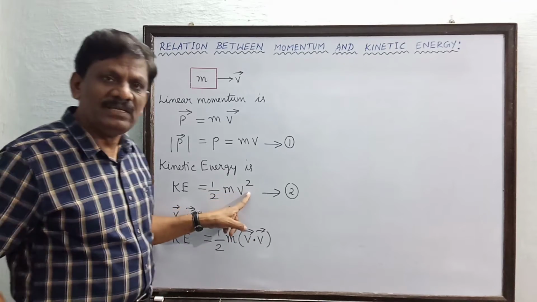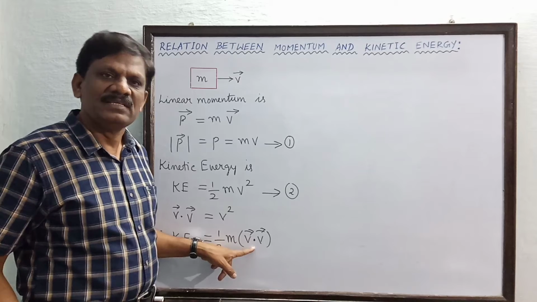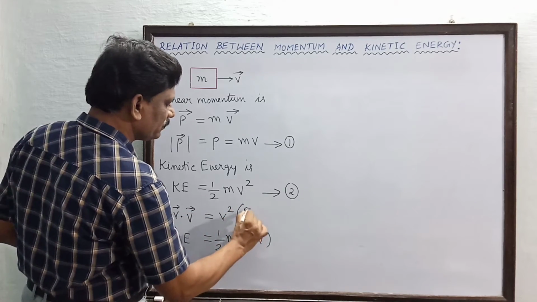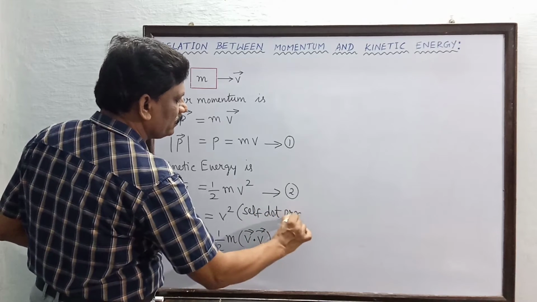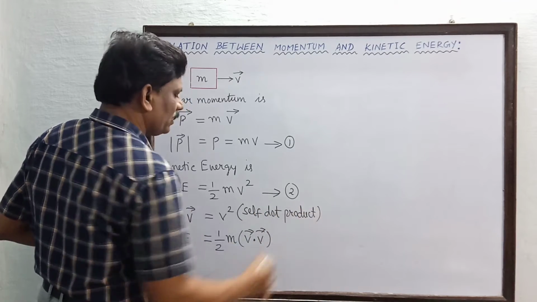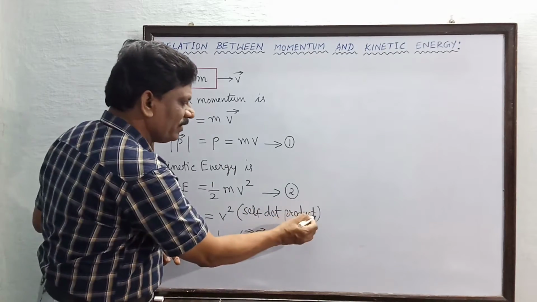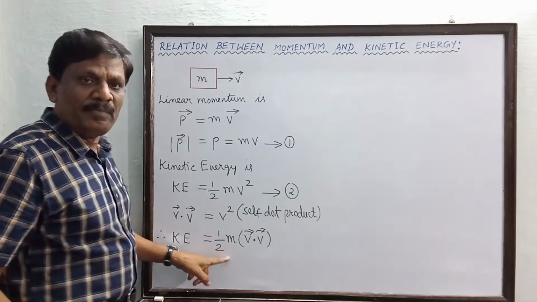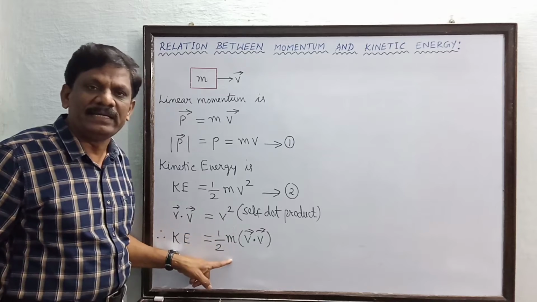So this v square is expressed as v dot v from the self dot product. You can write it like this in brackets so that you can remember forever: self dot product.